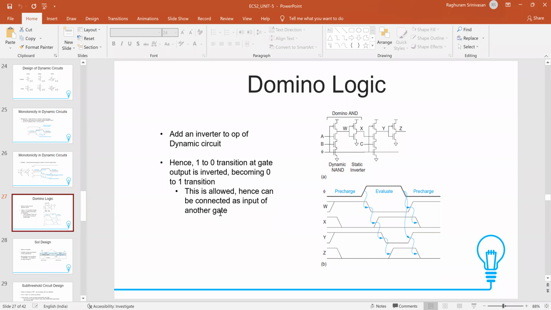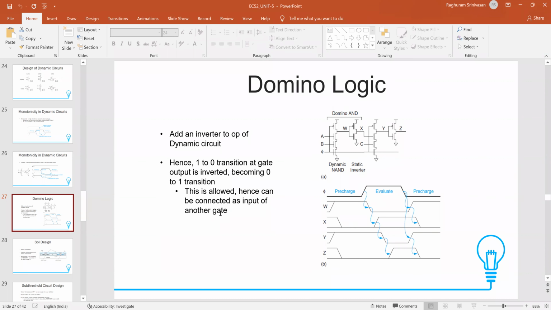There's a 2-input NAND gate, and instead of just taking W as the output, which is what we were taking before, we take W and pass it through a static CMOS inverter, and that forms the output X. And in this particular case, as you see in this waveform, the 1 to 0 transition is completely eliminated at the output X.